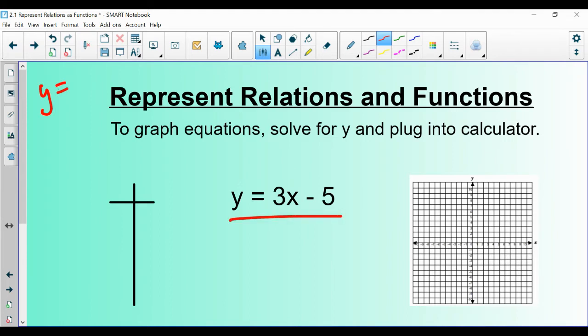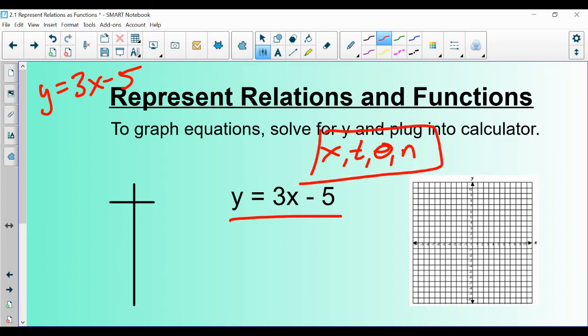And then you should just be able to type in 3x minus 5. The x button on your calculators looks like this: x, comma, t, comma, theta, comma, n. It's a button that has all that on it. So that'll give you y equals 3x minus 5.